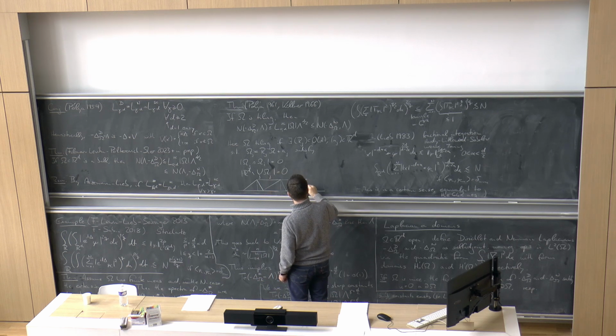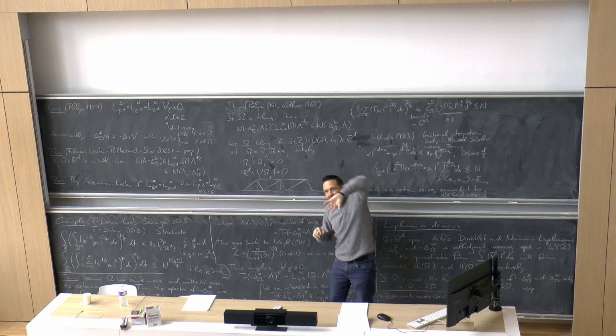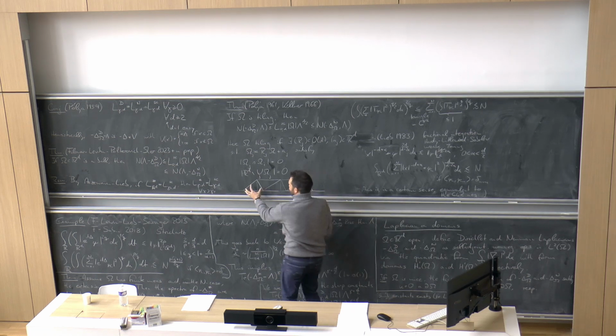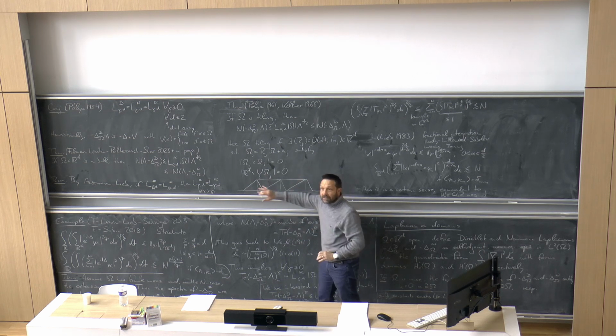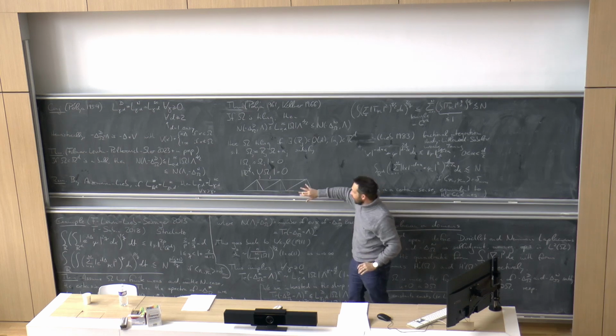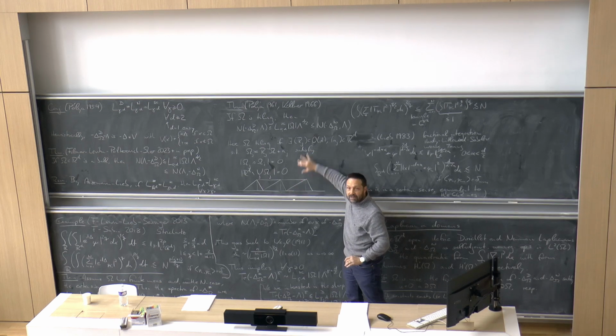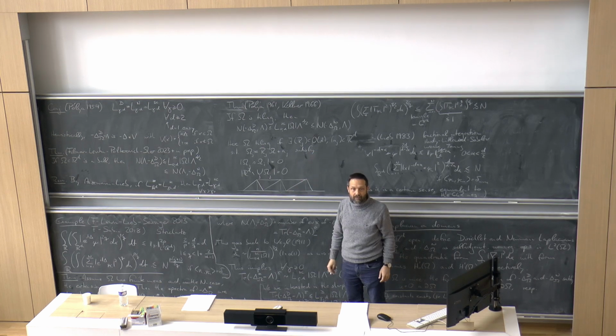I hope I'm making sense, right? You just take it and mirror it over here, and then you translate the original one, and so you can tile a whole strip, and then you can just translate this.